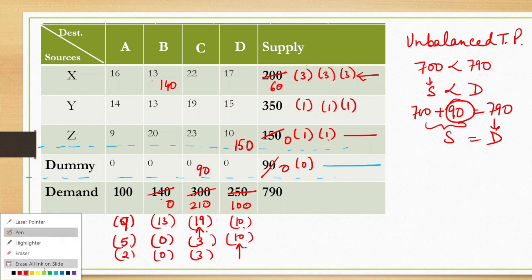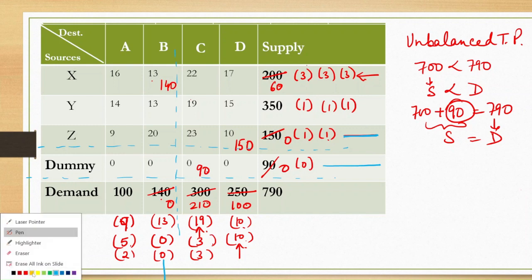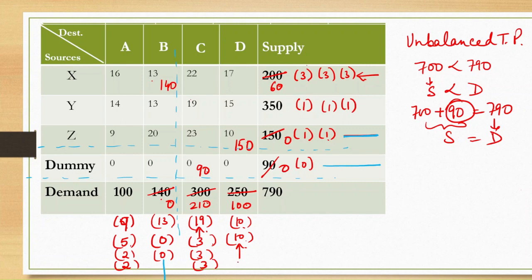Now I cannot allot anything in this column, so I'll be deleting this particular column, and this is gone. Now to find the penalties of the rest, this would be 16 minus 14, that is 2. This is 3 again, and this is 2.